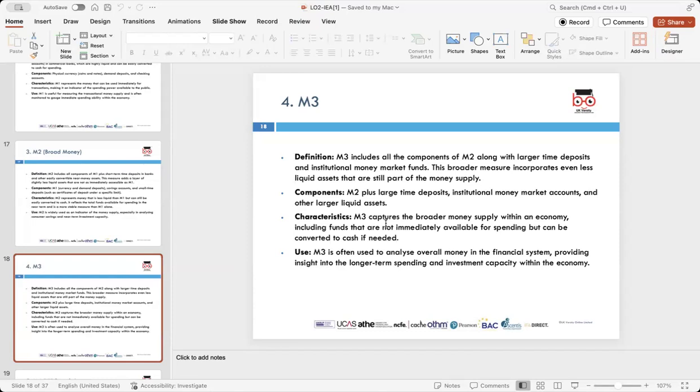M3 gives a broader view of the money circulating within the economy, helping economists understand how much capital is available for long-term investment and financial stability. While M3 funds are not as accessible for everyday transactions, they play an important role in economic growth and investment markets.